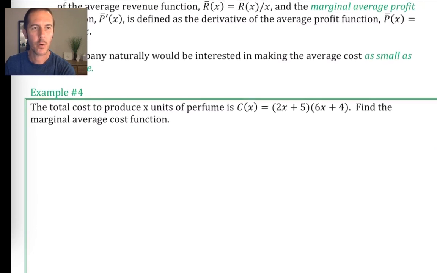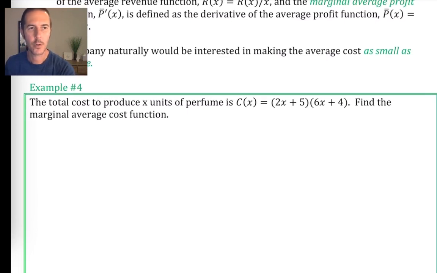In example 4, our last example, we're being told that the total cost to produce x units of perfume is this. We want to know the marginal average cost. Before we can do the marginal part, we're going to need the average part, which means we will need to take our C function and divide it by x.